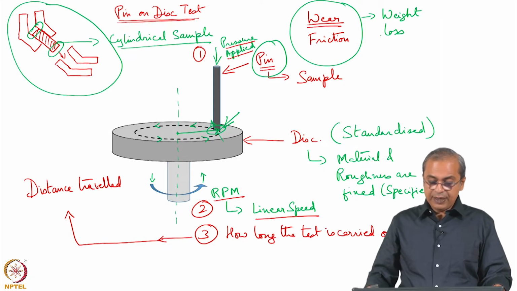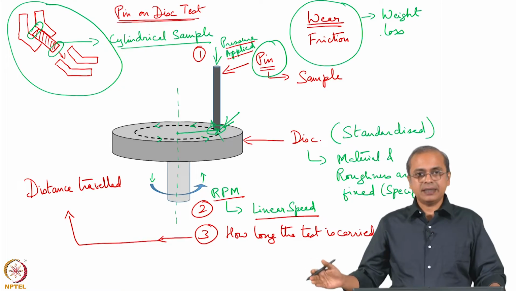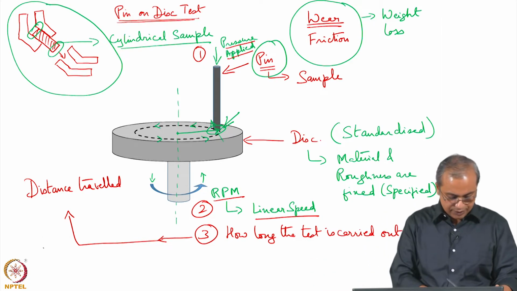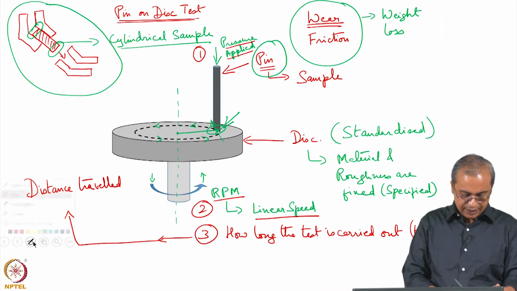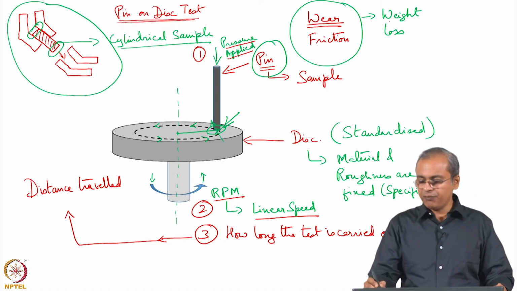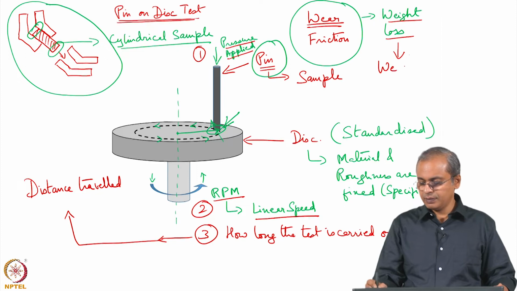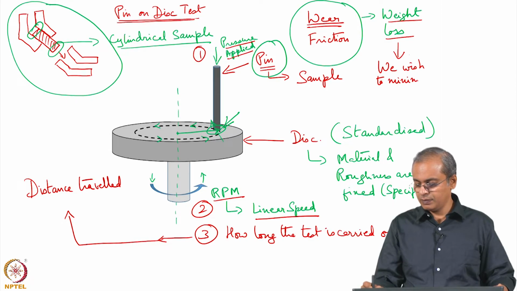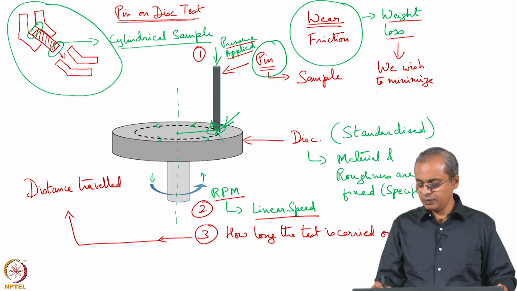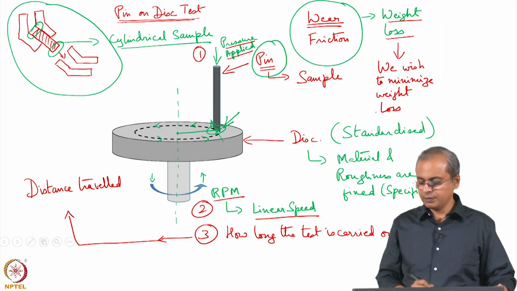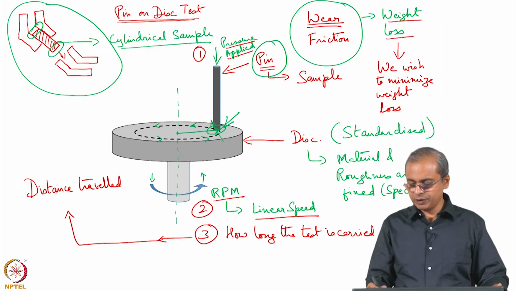So, when you want to compare different materials, you run the test and compare to see if you can minimize the weight loss. Okay, so, we want to minimize weight loss.